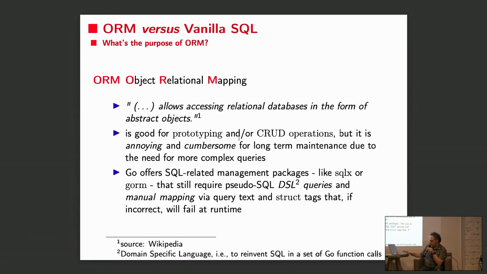It's because basically, when we're using SQL through Go, we are nesting and wrapping SQL queries, but in a formal syntactical way that Go can process and compile. And so these DSL queries and manual mapping via query text and struct tags, if incorrect, would fail at runtime. Now, I repeat this thing.